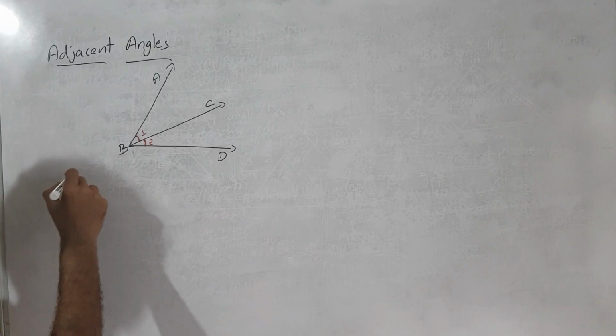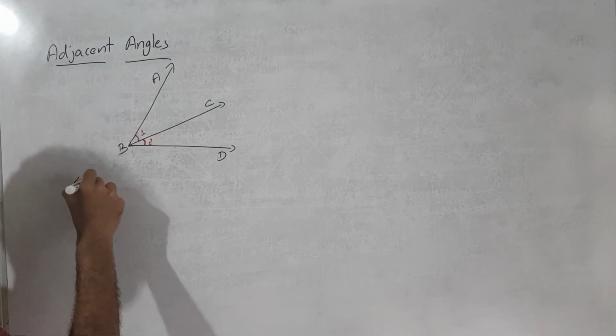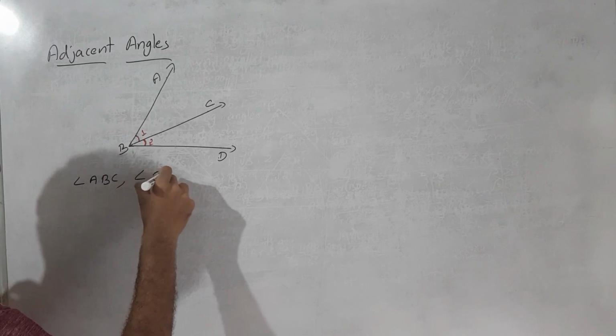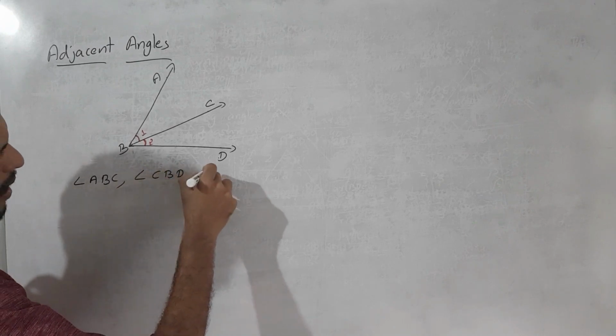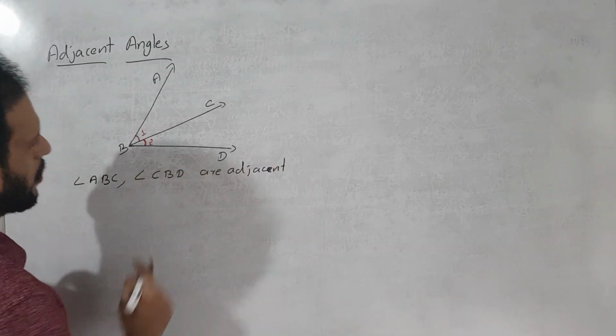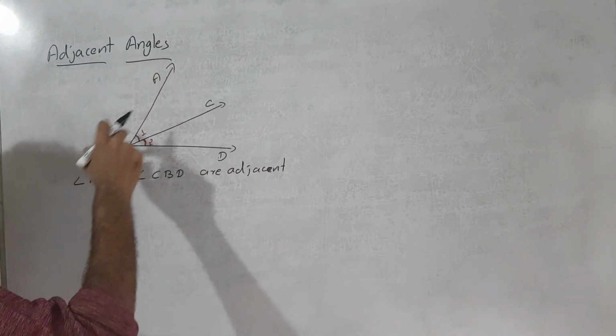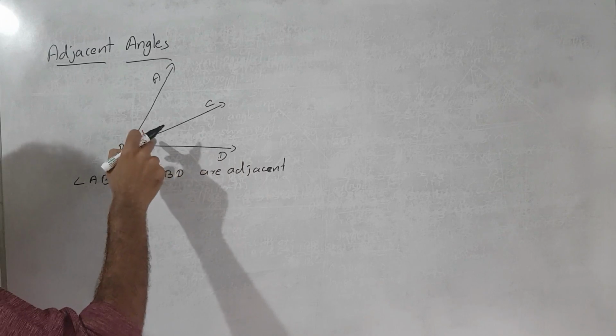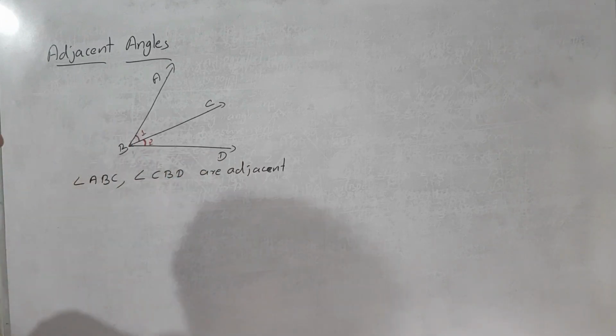We call angle ABC, that means angle 1, and angle CBD, that is angle 2, adjacent angles.